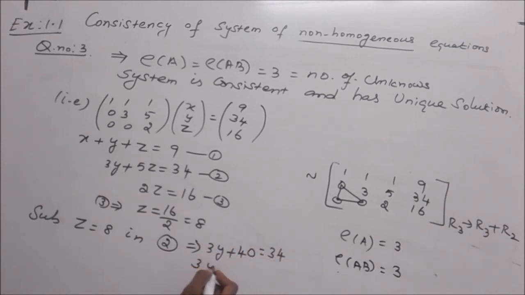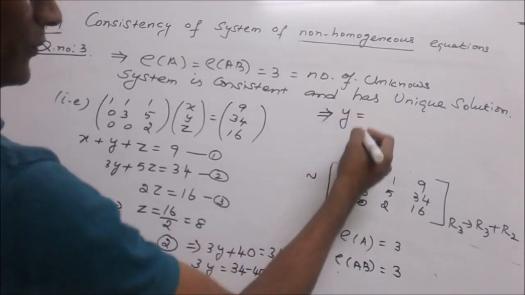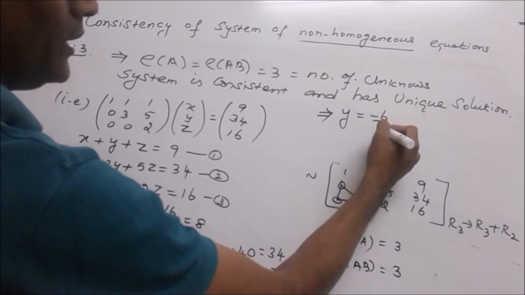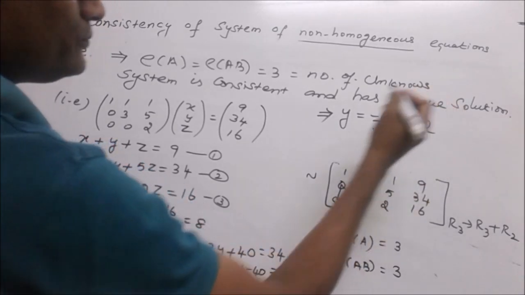Now 3y equal to 34 minus 40 equal to minus 6, which implies y equal to minus 6 by 3 equal to minus 2.